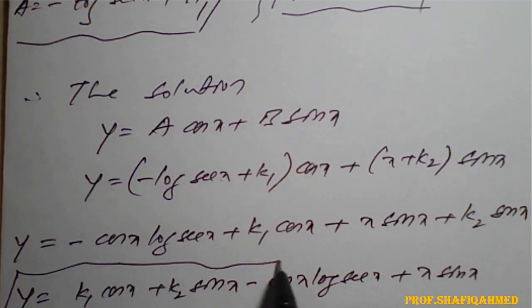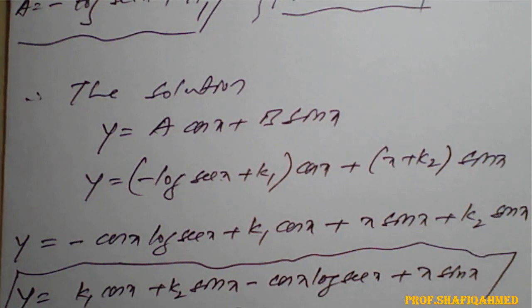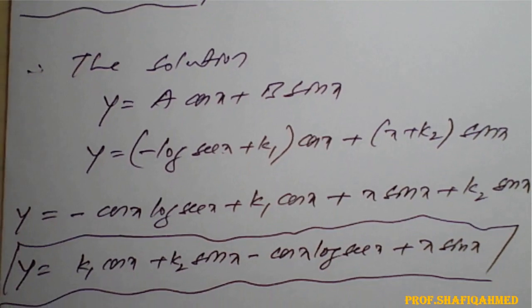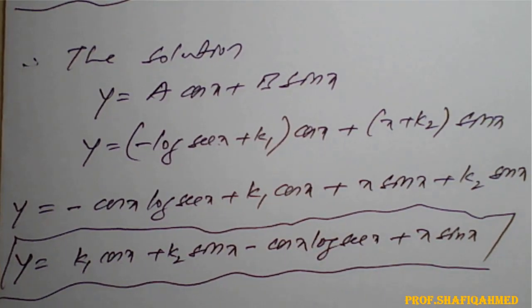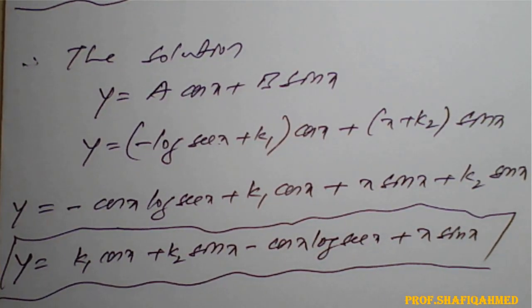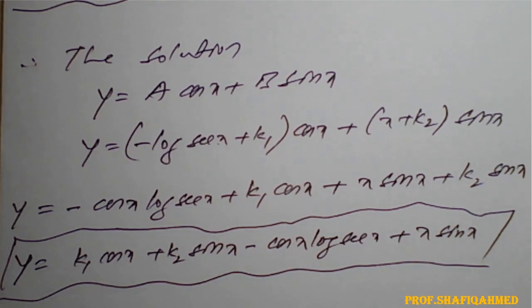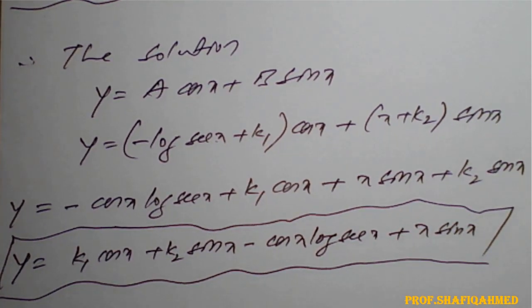So this is the required solution of the given functional, and here we have taken the help of the method of variation of parameters to get the extremal of the given function. In this way we need to simplify the problems based on calculus of variations.